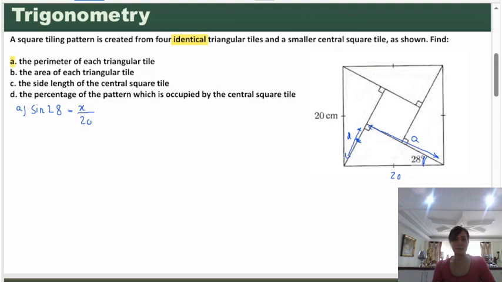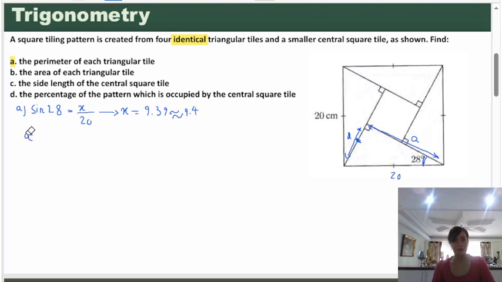If I find this amount from the calculator, sine of 28 times 20, I will get x equals 9.39, which is almost 9.4. Now I will go for this side, a.